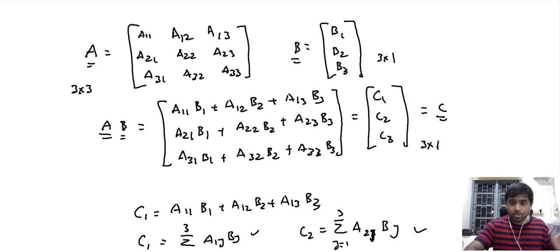A regular matrix times a column matrix gives a column matrix. And we have seen earlier that the column matrix is a representation of a vector. Particularly in this discussion on tensors, the column matrix is a representation of a tensor.